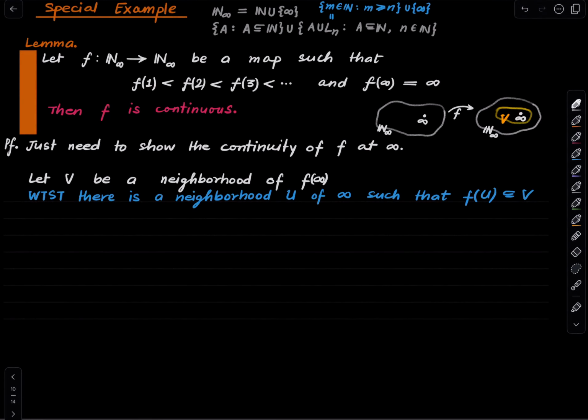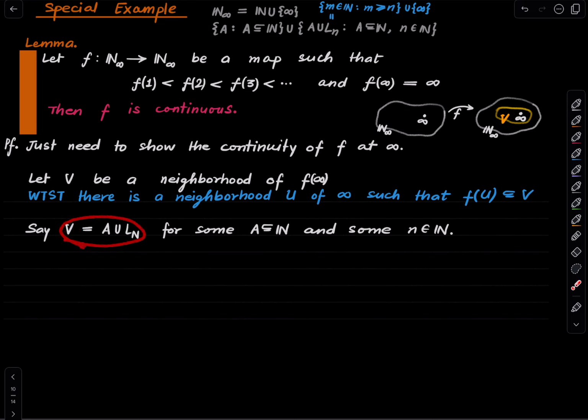So since V is a neighborhood of infinity, by definition of the topology on our space, we can write V as A union L_n for some n. Right? All the neighborhoods of infinity are of this form. Okay, V was some arbitrary neighborhood of infinity. It can be written that way.